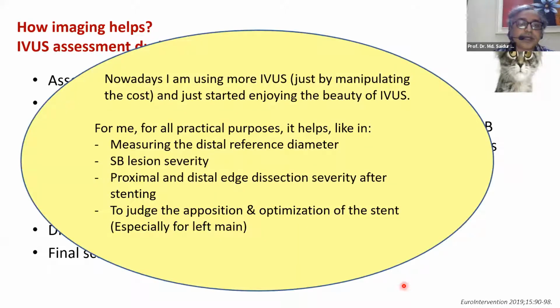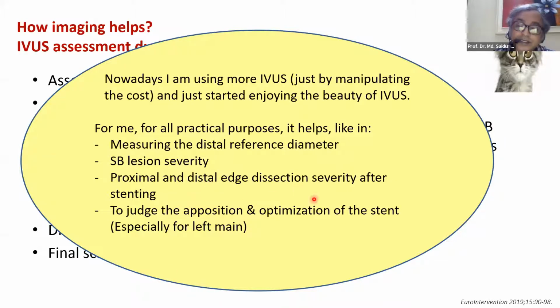And also nowadays, I can tell that I'm using more IVUS because for all practical purposes it helps me in measuring the distal reference diameter, which is really giving me more happiness, because I can choose an appropriate diameter. Lesion severity can be easily assessed there.